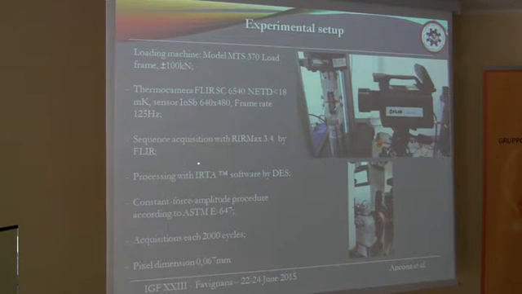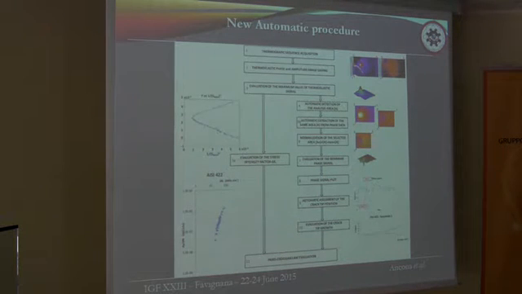The sequence acquisition with the ResearchIR software by FLIR, the data processing with the IRTA software by DES, the constant amplitude force was used in this test, and the acquisition each 2000 cycles, and the pixel dimension of 0.067 millimeters. So, this is the new automatic procedure that we proposed.